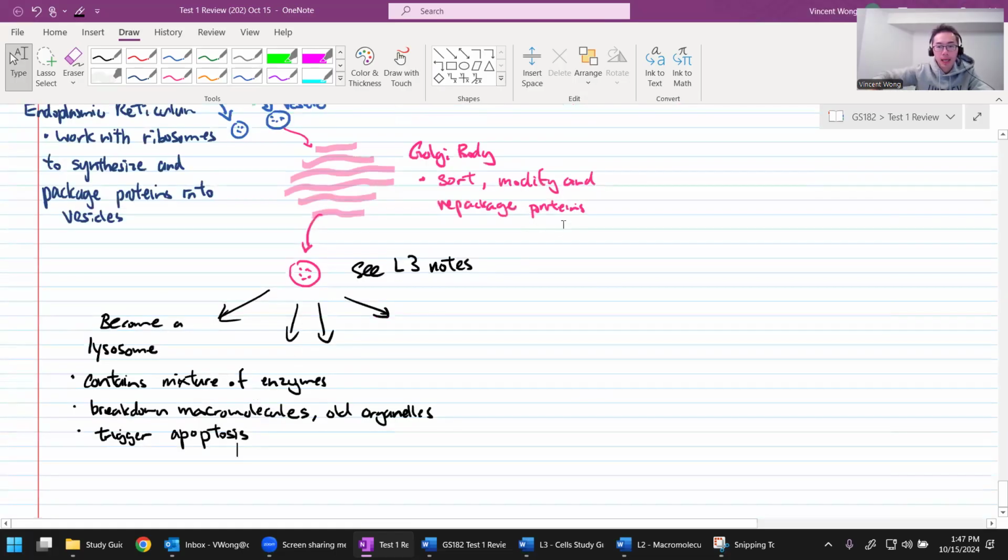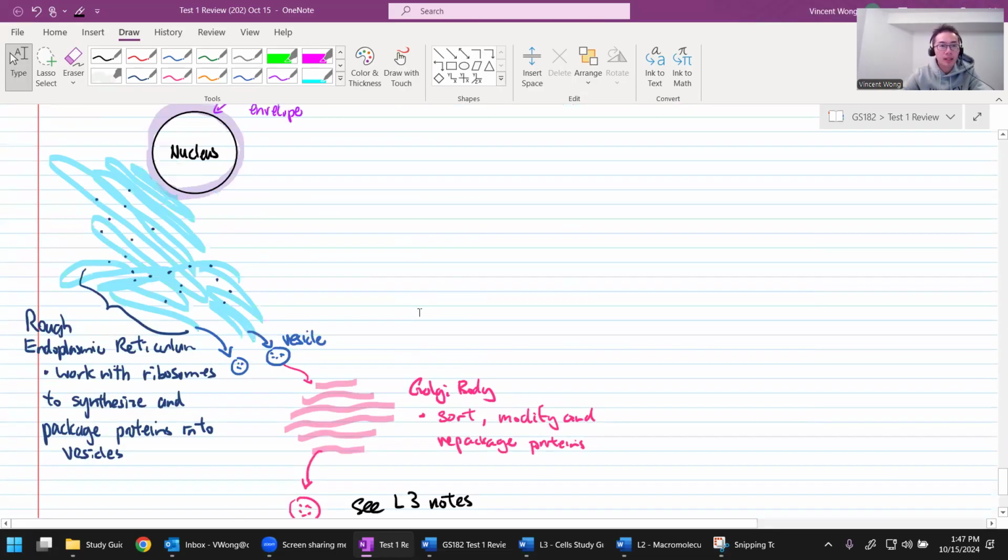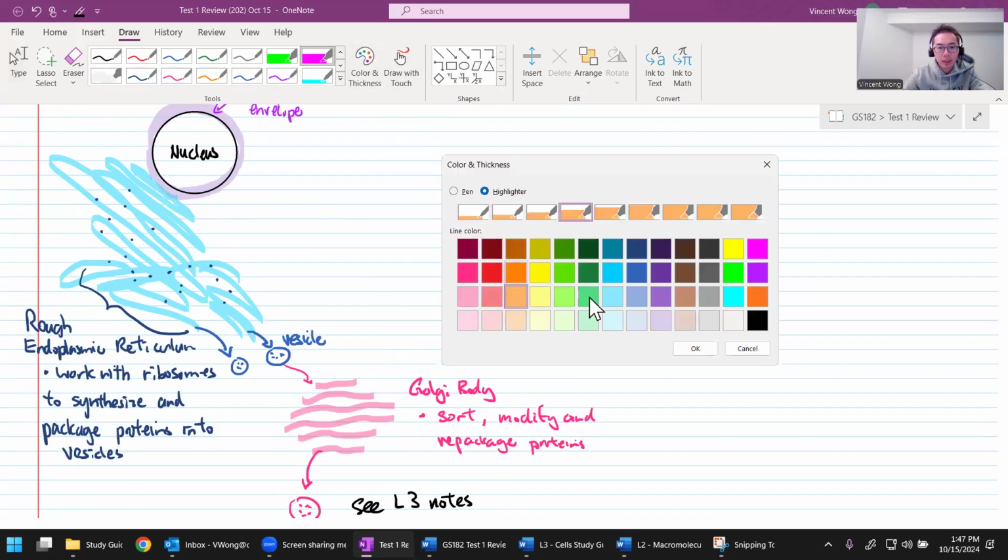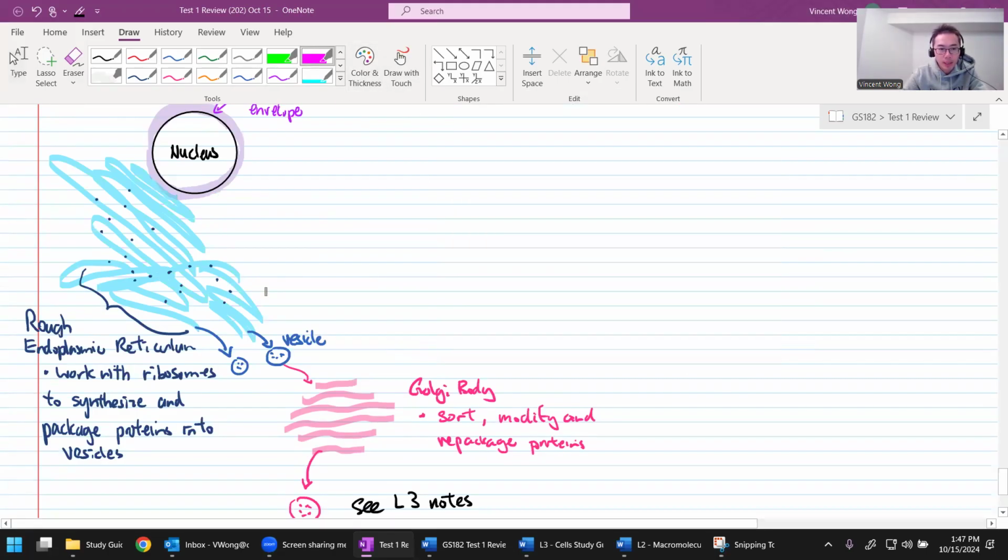Also part of the endomembrane system, and we didn't draw it yet, would be over here. There's going to be more membranes, but these ones don't have the ribosomes on them, so they are smooth ER.